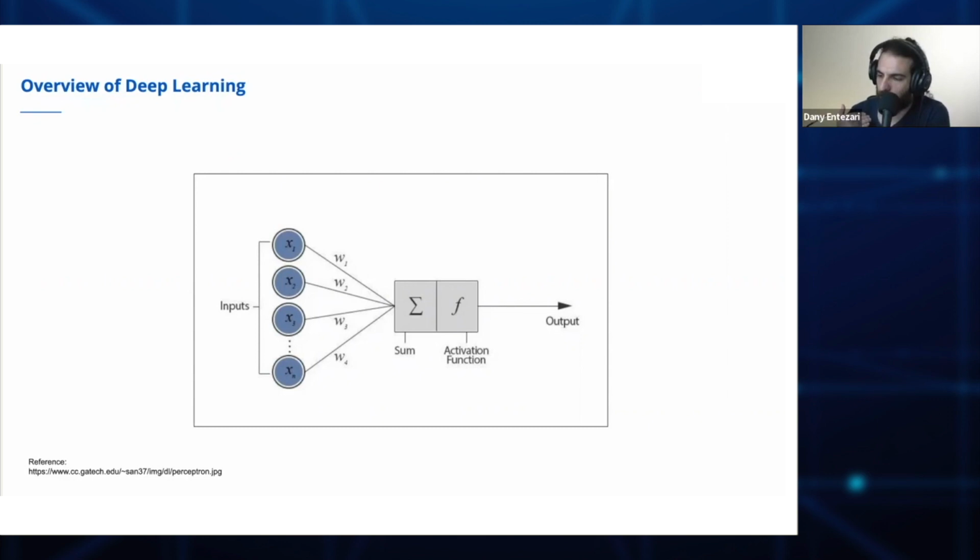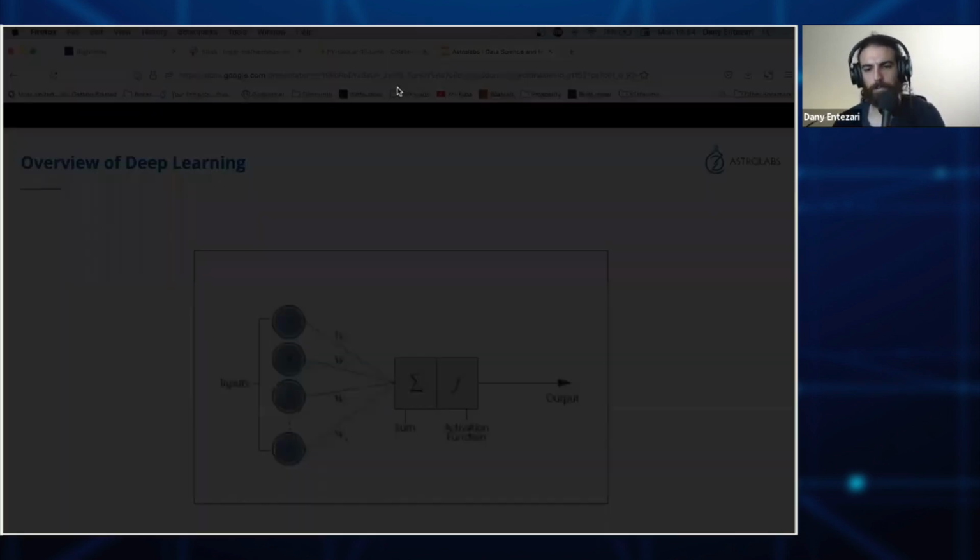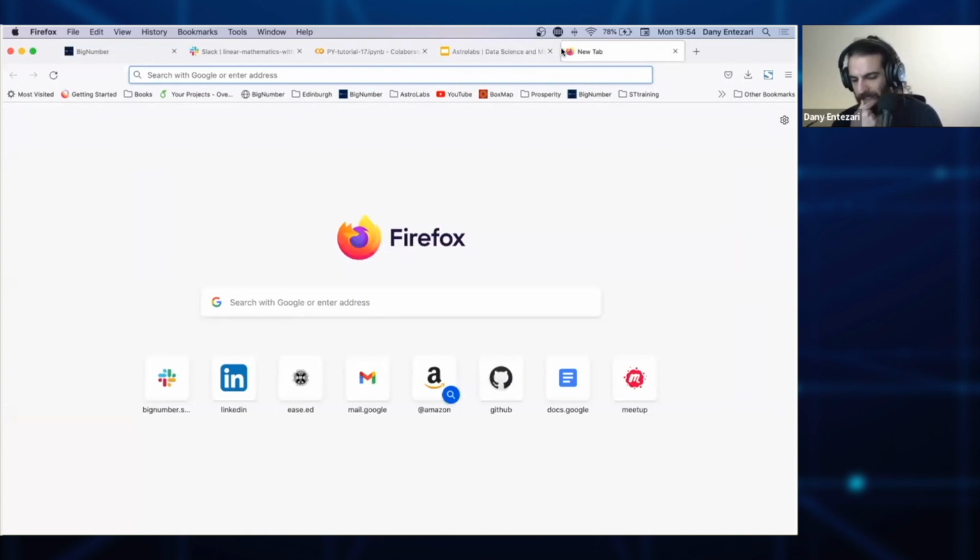Otherwise, we will not send any signal. We will send a 0. For example, let me give you an example why you would need to choose an activation function, why you would need to process a signal or not. Imagine you're looking at a picture, and let me pull up a picture here. Picture of a character.